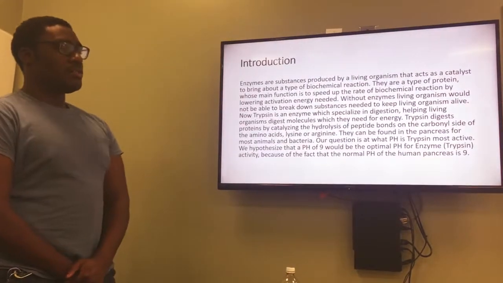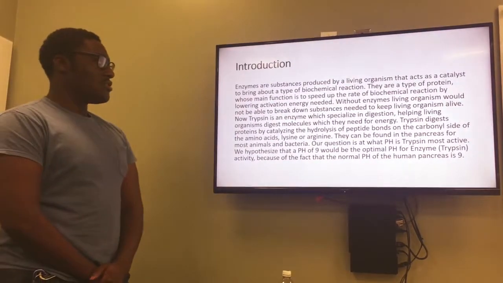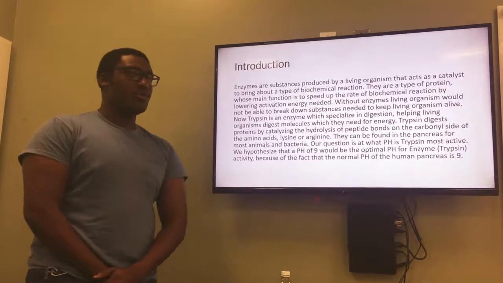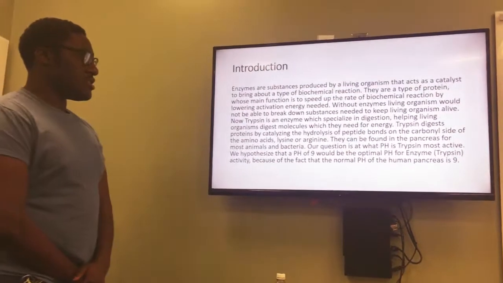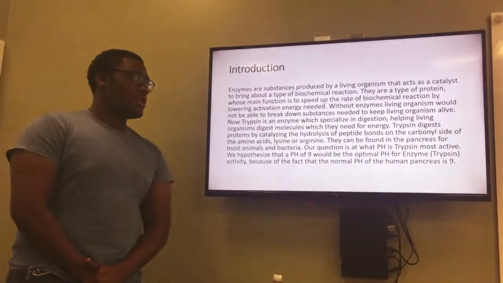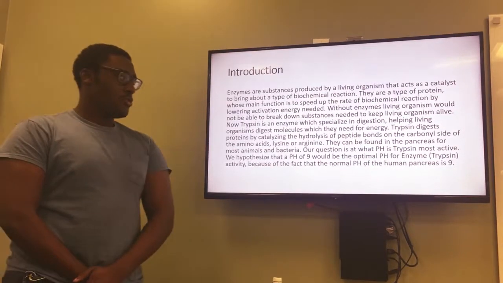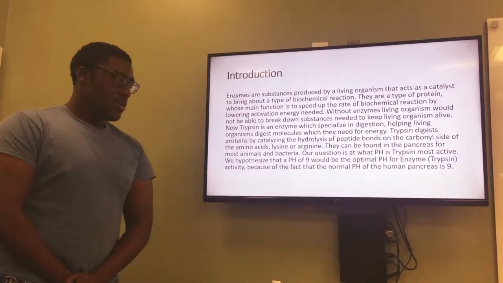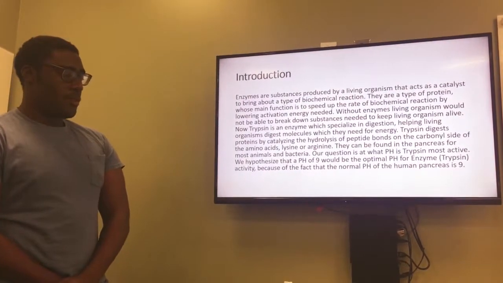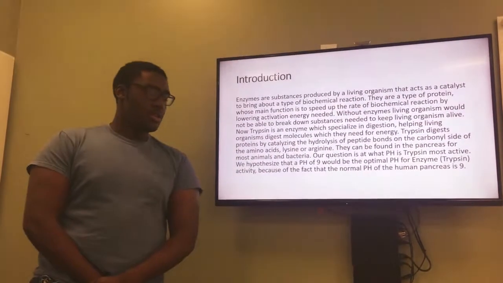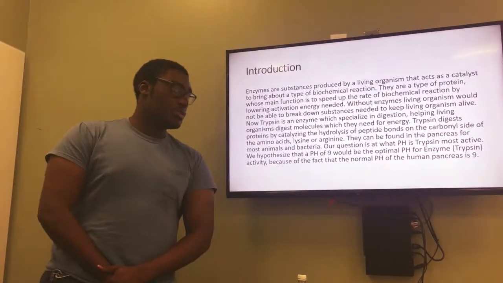Without enzymes, living creatures will probably die because they won't have enough energy to get from the food that they eat. Now, trypsin is an enzyme which specializes in digestion, helping living organisms digest molecules which they need for energy. Most animals get their trypsin from their pancreas, but bacteria usually secrete trypsin.